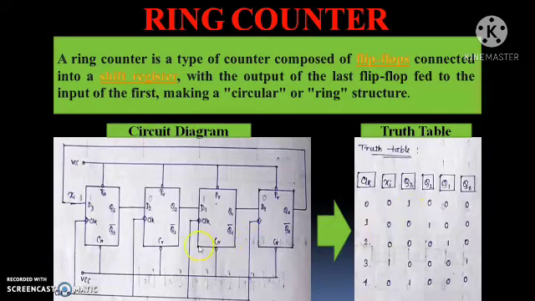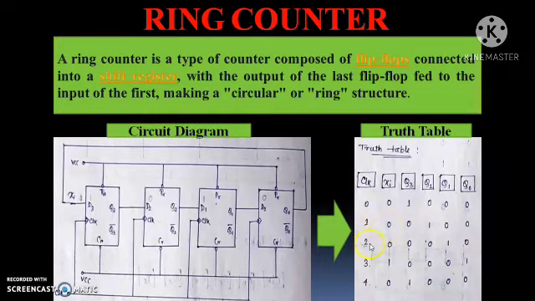When the first clock is applied, the Xi value comes to Q3, Q3 value comes to Q2, Q2 value comes to Q1 and Q1 value comes to Q0. That means this time Q3 value is 0, Q2 value is 1, Q1 value is 0, Q0 value is 0. Q0 value 0 means Xi value is also 0.